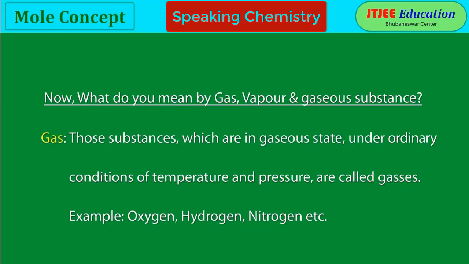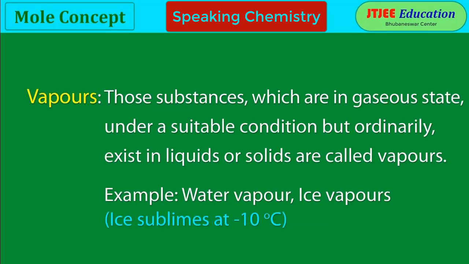Gas: those substances which are in gaseous state under ordinary conditions of temperature and pressure are called gases. Example, oxygen, hydrogen, nitrogen etc. Vapors: those substances which are in gaseous state under suitable conditions but ordinarily exist as liquids or solids are called vapors.